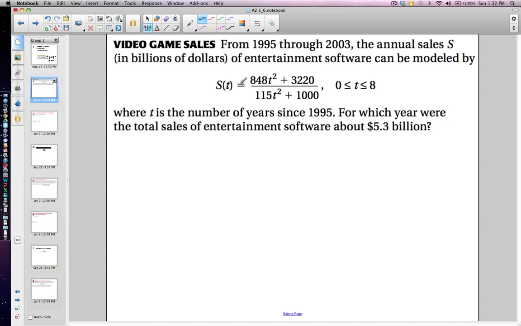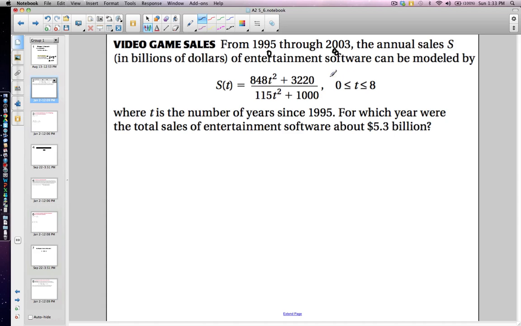All right, a problem that I might want to work with, this is a rational equation, right? It's an equation because I have an equal sign. This is a rational function. In this case, I've got a formula for the annual sales of entertainment software in billions of dollars for a period of 8 years, from 1995 to 2003. What's important when you're given a range like this is that 1995 would be year 0 and 2003 would be year 8.